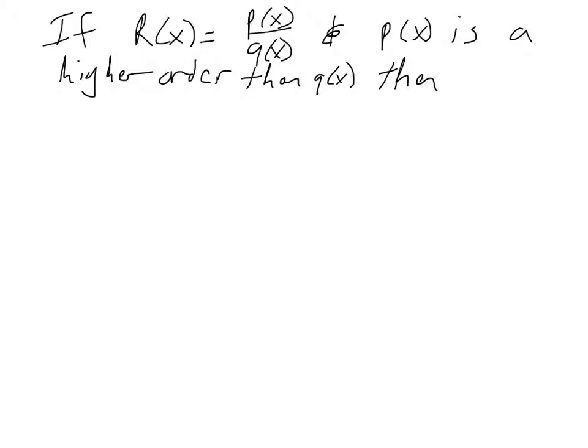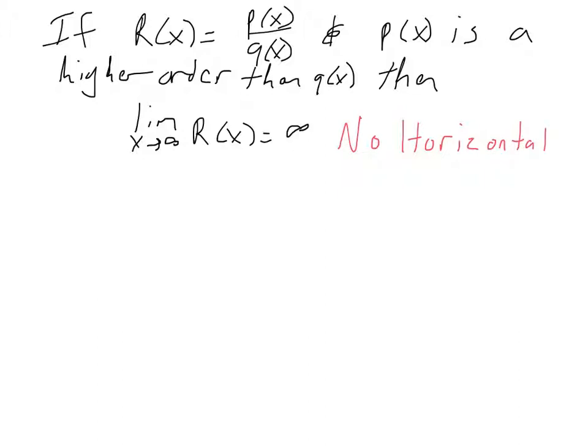What do we think the function is going to end up getting to? It's going to go off to infinity. So we would say the limit as x goes to infinity of r of x in this case equals infinity. And if the y value is going off to infinity, do we have a horizontal asymptote? No. Then there is no horizontal asymptote.